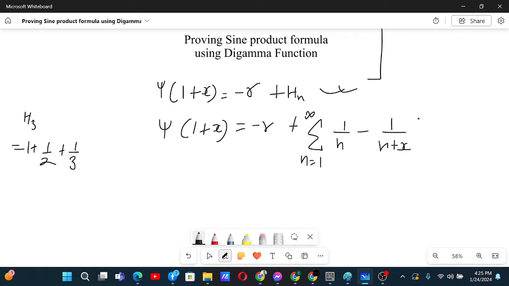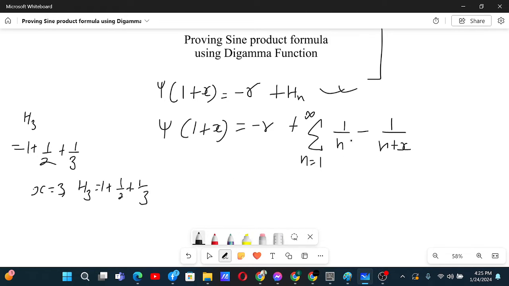Okay, so if you have a doubt about how this will give us the Hn, you can see it like this. Basically if we have x equals 3, we need h of 3, which is 1 plus 1 by 2 plus 1 by 3.